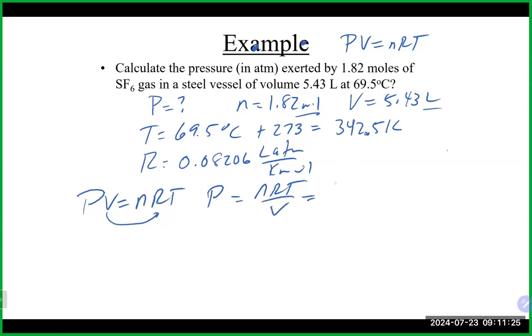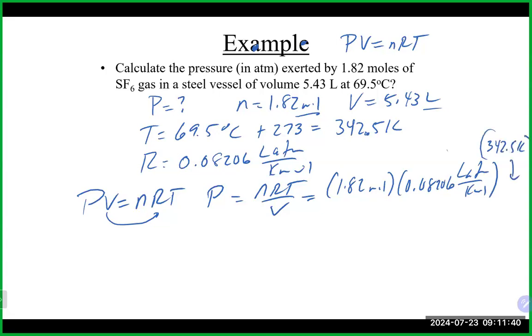Putting in our values here, 1.82 moles, times 0.08206 liters atmosphere per Kelvin mole, times 342.5 Kelvin. We're going to divide all that by our volume, which was 5.43 liters.